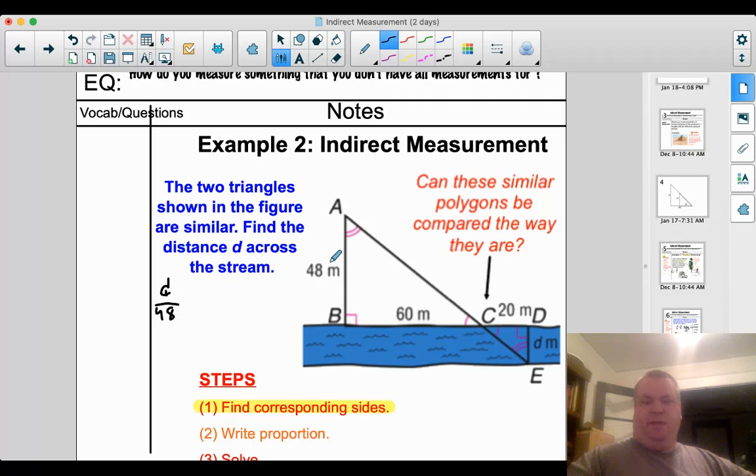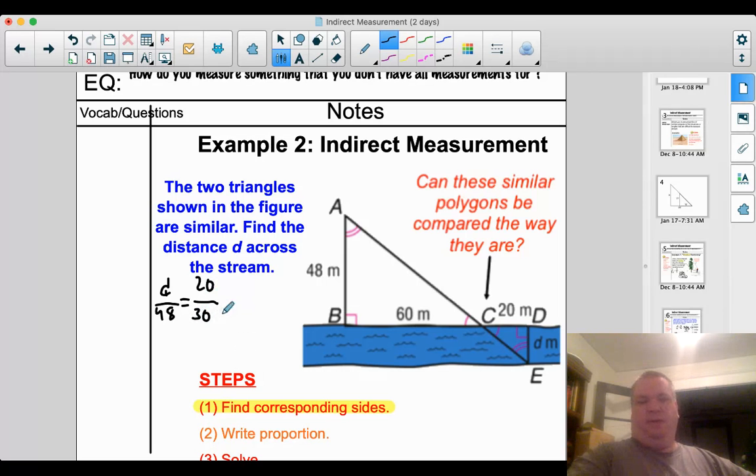The other thing that we know is we know these, and we can see that if we flip this over, CD also corresponds to BC. That's good, so it's another pair of corresponding sides. Now, if I think about what goes on top, remember I started with D on top in my first ratio, so I have to use the same triangle. And I'll go with that 20 on top here. So 20 over 30.